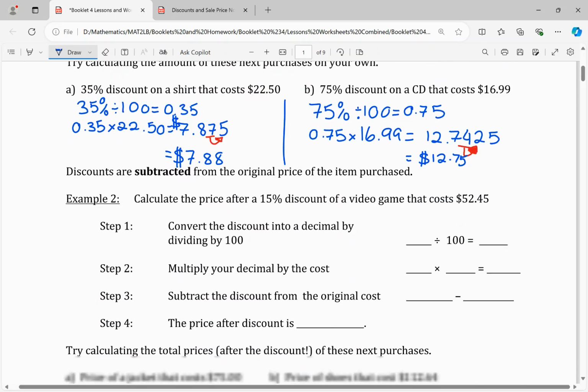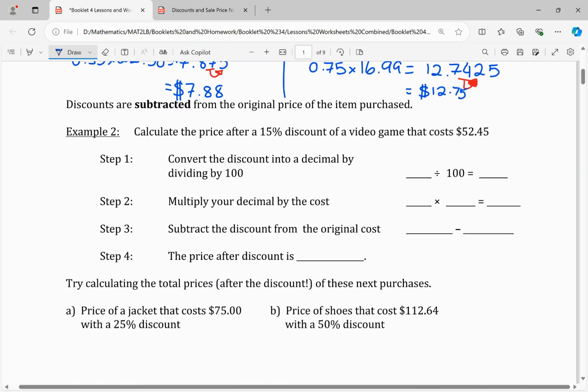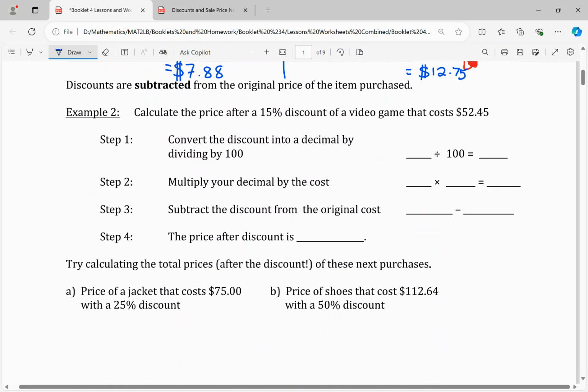Now, if we want the actual price of the item after the discount, we need to subtract the discount from the original price. That's what example 2 talks about. Example 2: calculate the price after a 15% discount of a video game that costs $52.45.